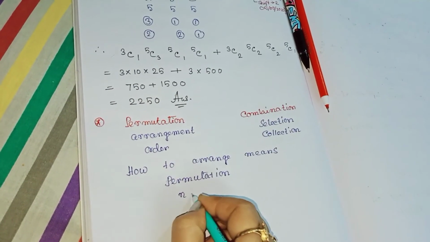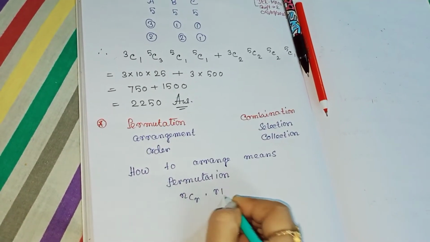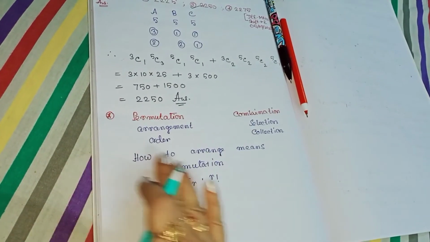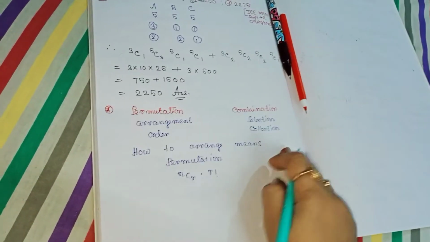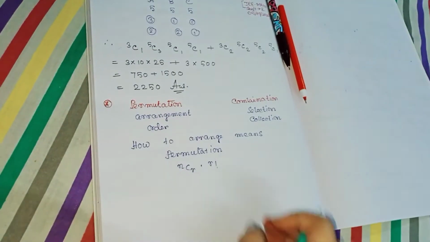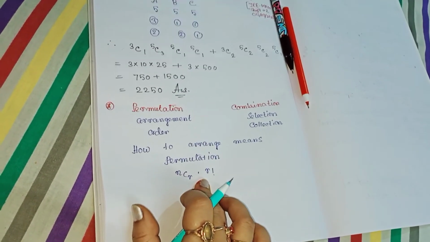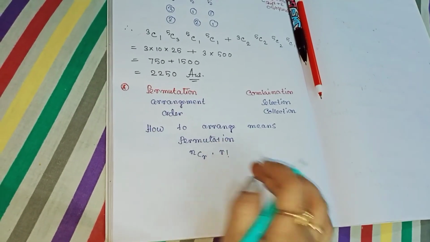Here we know NCR into factorial R is the permutation. When we arrange things, the total number of things is N, and we arrange a selection of R, then we can write NCR times factorial R. It is the sign of factorial.